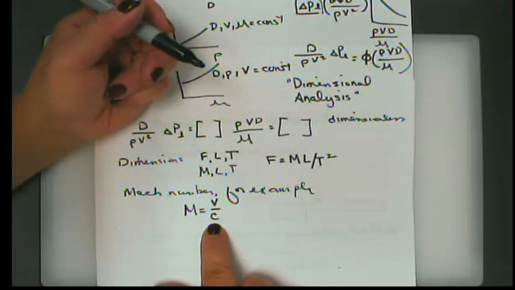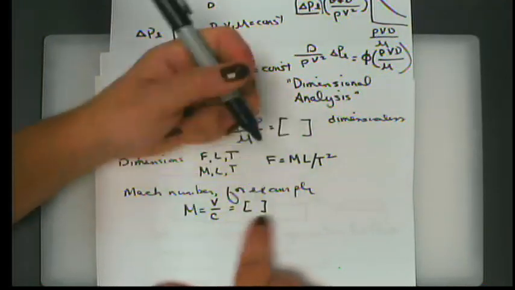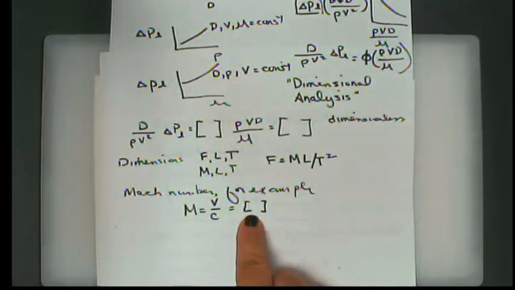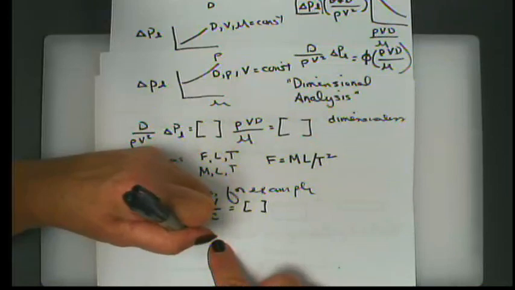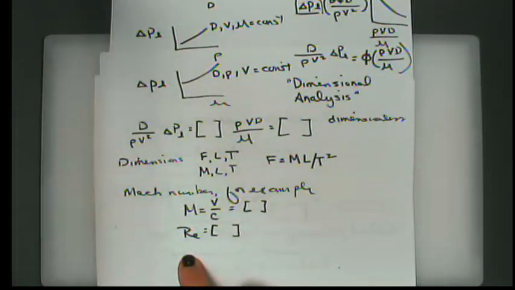This is in dimensions of length per time, so that the dimensions cancel each other out and the quantity is a dimensionless group. The same is true for the Reynolds number, which we'll talk about a little bit later on, but the Reynolds number is dimensionless. And there are a lot of other groups that describe fluid flows that, in the most general sense, all of these groups turn out to be dimensionless.